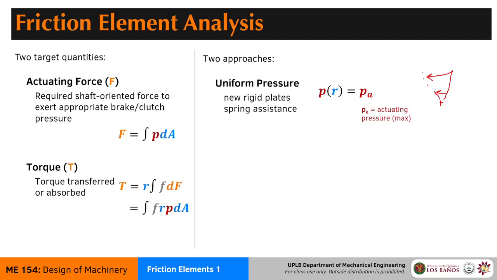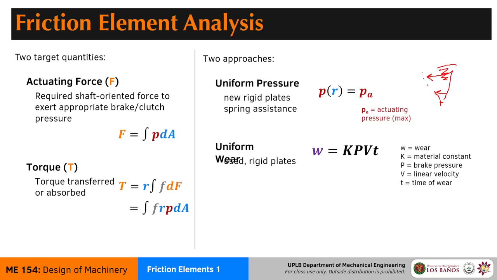So as the brake continues to be used, these sections of the brake will start to wear out much sooner than the inner portion. And what happens is that the pressure that this part of the lining eventually feels will be much lesser than that of the inner. So that is where we get this thing that we call uniform wear.